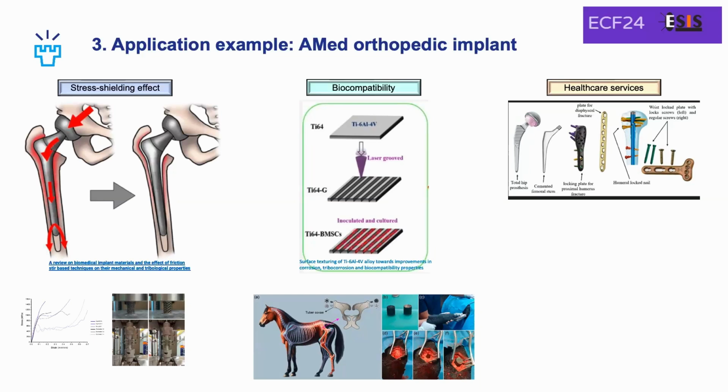And also, taking into account the healthcare services, I find additive manufacturing quite perfect. If you think about the existing implants, you have different sizes available. You have a warehouse, you select something from these sizes. Normally you run out of the size that is the most used one.